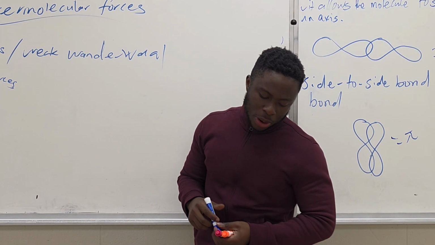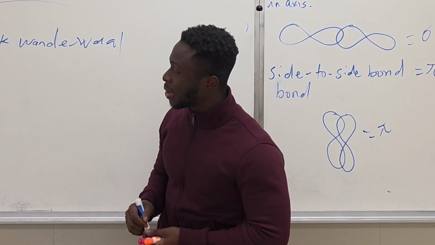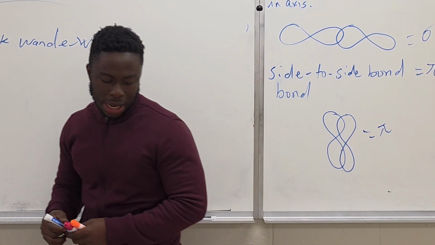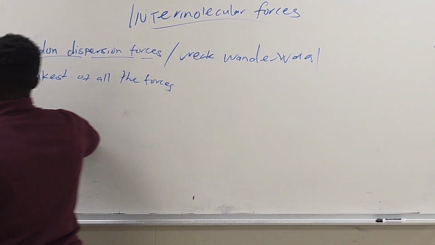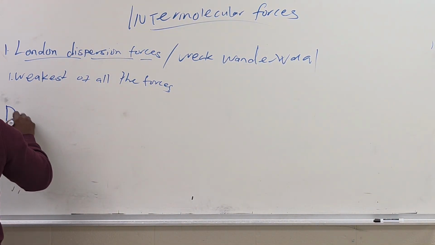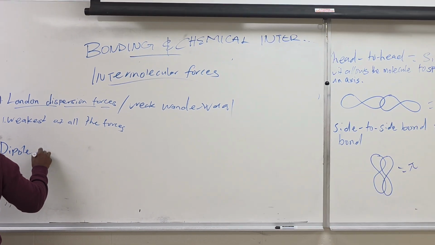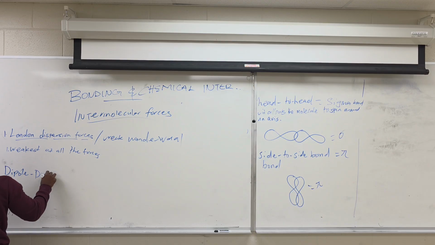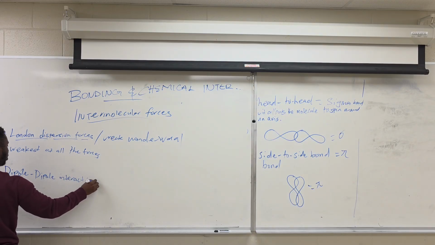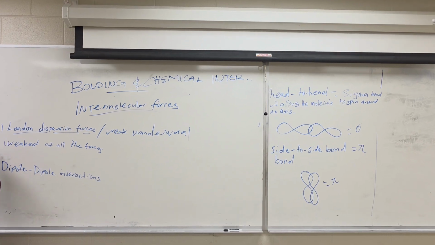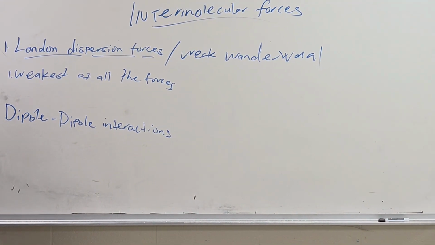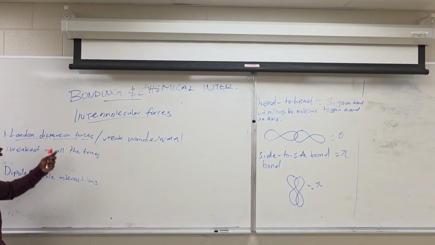Now, the other one that we are going to talk about is polar dipole interactions, right? Dipole interactions. Don't confuse London dispersion forces with dipole interactions, meaning they are similar.